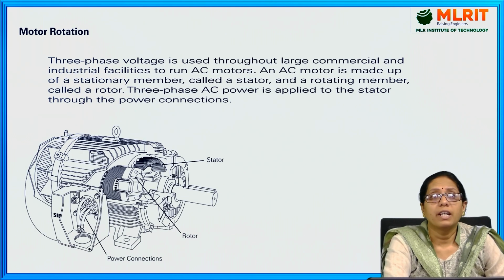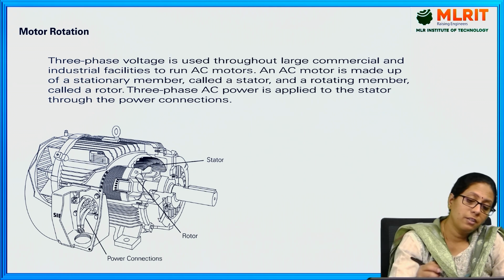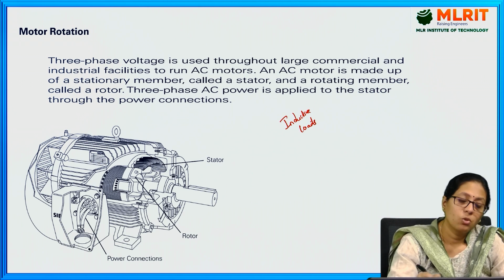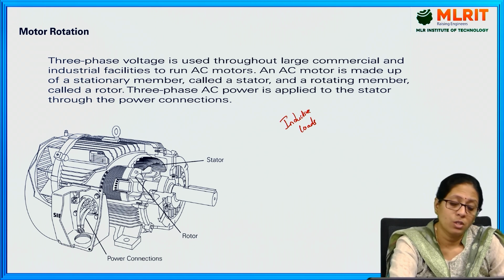This is the motor connection. We are connecting the AC generator to the MCC panel, and from that MCC panel we will connect the different motors. Different motors are mostly inductive loads. So here is a simple diagram of an induction 3-phase motor, where you have a stator as well as a rotor.